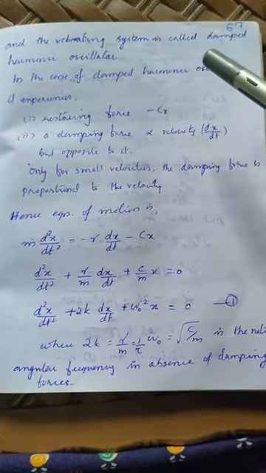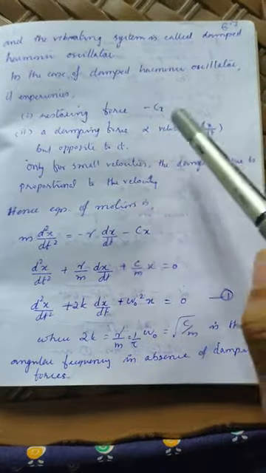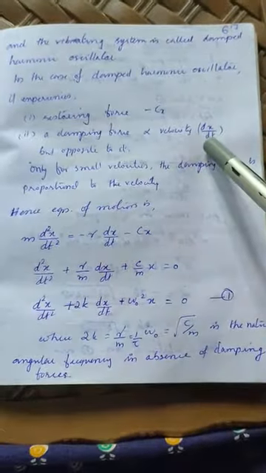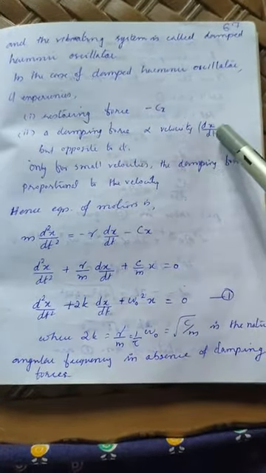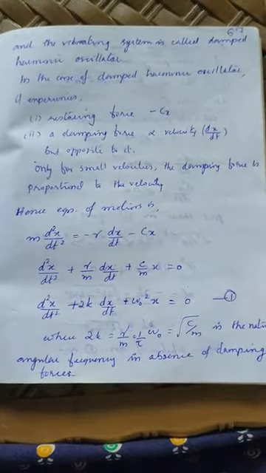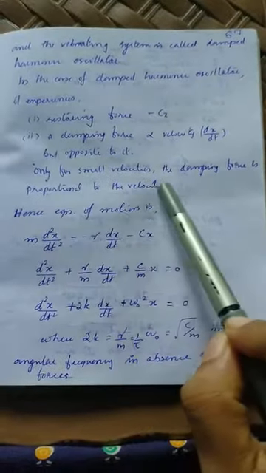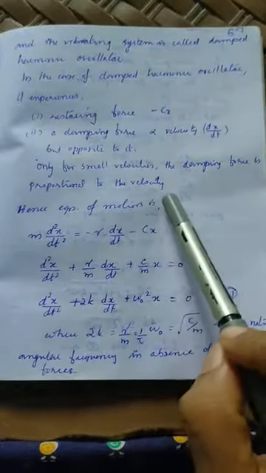And if the velocity of the oscillating system is sufficiently small, the damping force experienced by the system is proportional to its velocity. So the damping force is proportional to the velocity dx by dt, but opposite to the oscillations. Only for small velocity is this applicable.